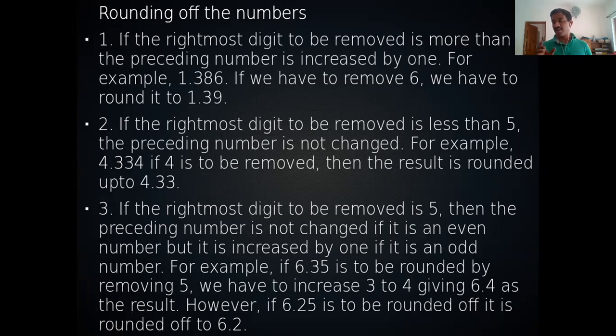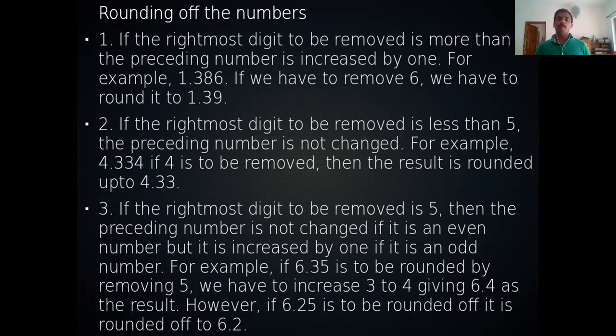If the preceding number is even, no need to change it. But it is increased by 1 if the preceding digit is an odd number. This may not be clear to you. See the example, then it will be easy to understand.